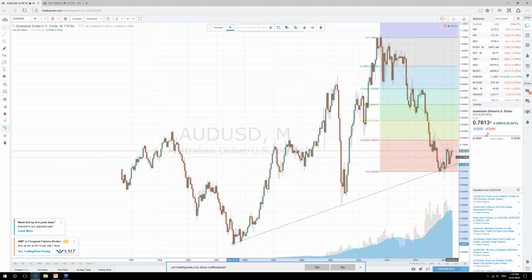it might not be enough to send the Aussie dollar pair below 0.70, right? Because this is kind of the range. We could see a little bit more going back to the 2001 or maybe even 2008 levels, but it won't be that much.